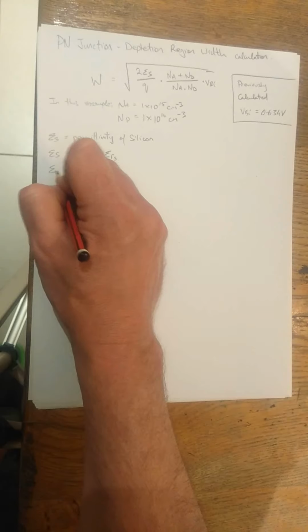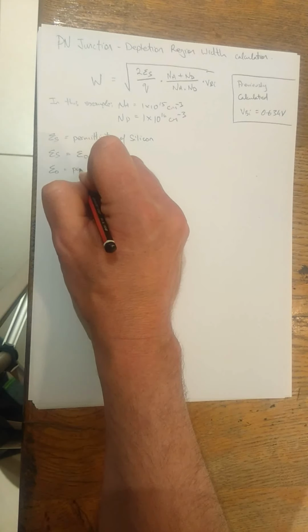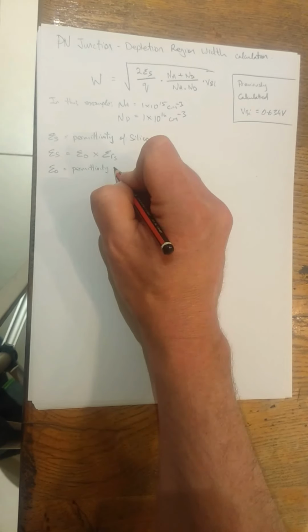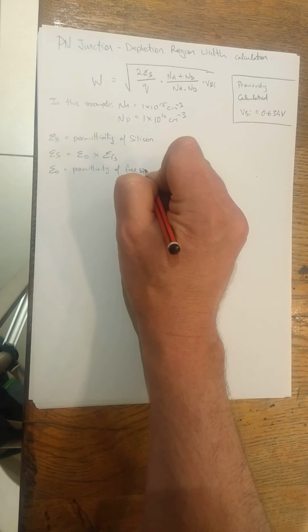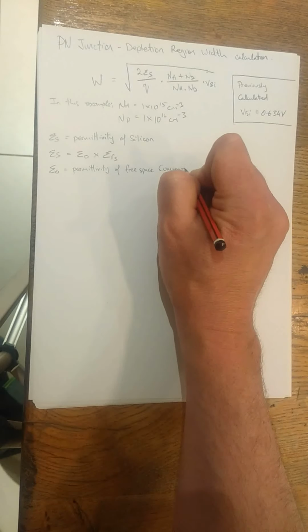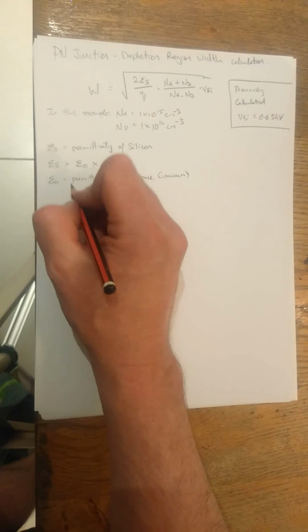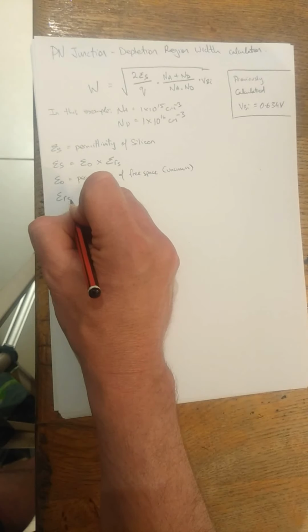Epsilon 0 is the permittivity of free space, or a vacuum, and this is essentially a constant. And then the other thing we have is the relative permittivity of silicon.